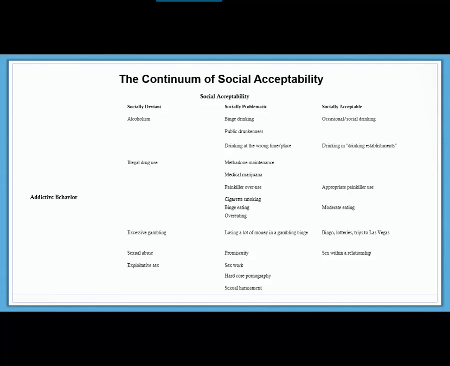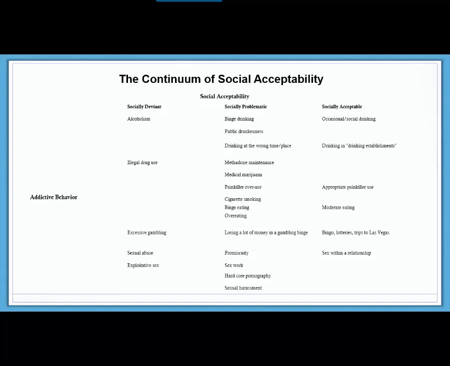And so, if you look at this chart, that is related to addictive behaviors that we label as being socially deviant, things like illegal drug use, alcoholism, excessive gambling, sexual abuse, exploitative sex, you'll see that a lot of those things have some underpinnings that are in fact socially acceptable.